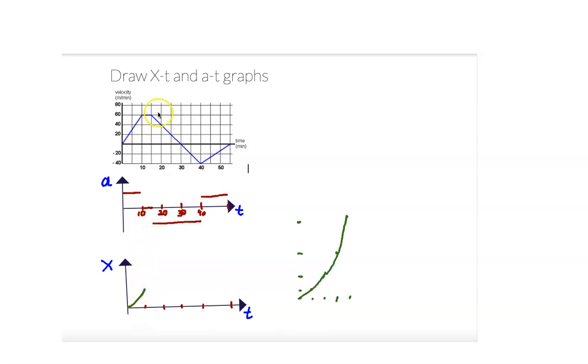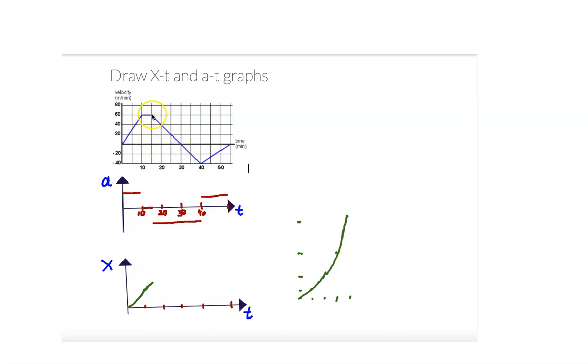Next, from 10 to 15 minutes, I'm moving with constant velocity, but I'm still continuing to move in positive direction. So it should go like this. It should be a straight sloped line. Then I still have positive velocity for all this period of time, from 15 minutes to 30 minutes.